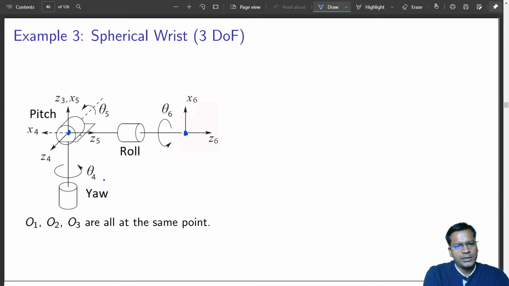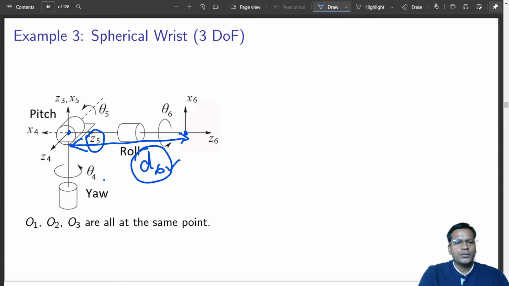So this is the last offset known as D6. Frame 6 from frame 5, there is a distance measured along Z5, and it takes you to a new location by a distance D6. So this is why there is an offset here.